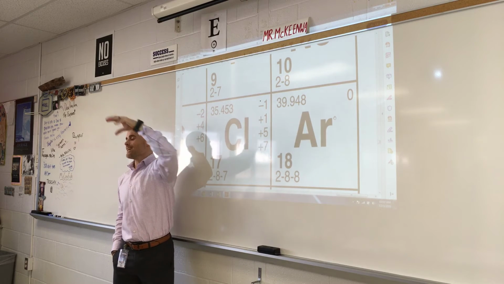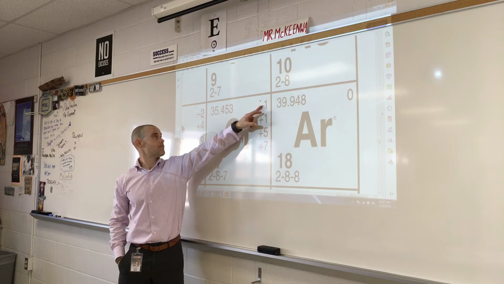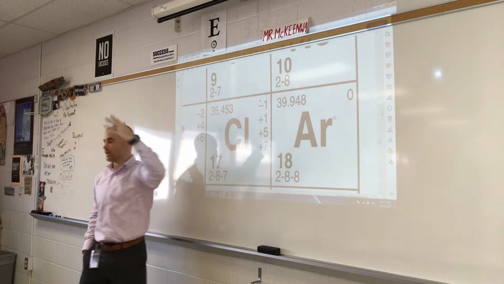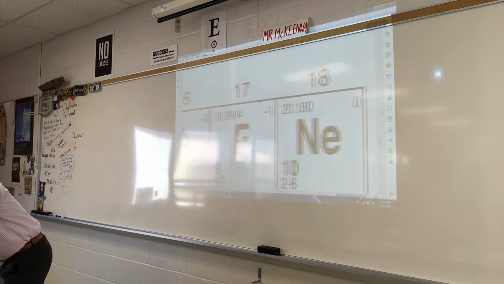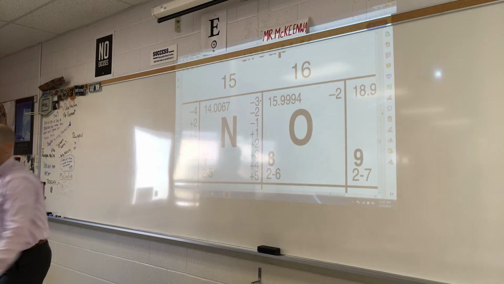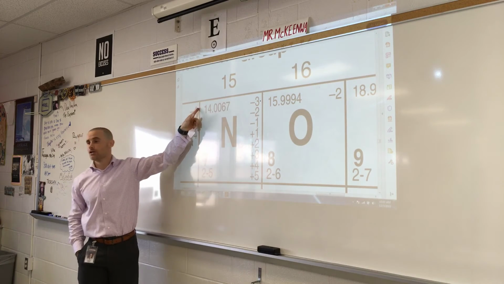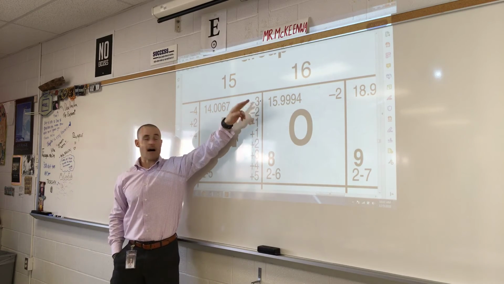A good rule right now, when you're first learning this, is we're always looking at the one on the top. Sulfur has 3, chlorine has a bunch. Nitrogen has a whole bunch, right? We're just concerned with the -3. So we're only taking the top charge for now. We'll talk about these other ones down the road, but the top charge.